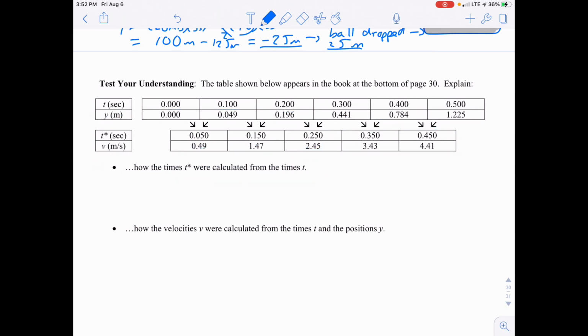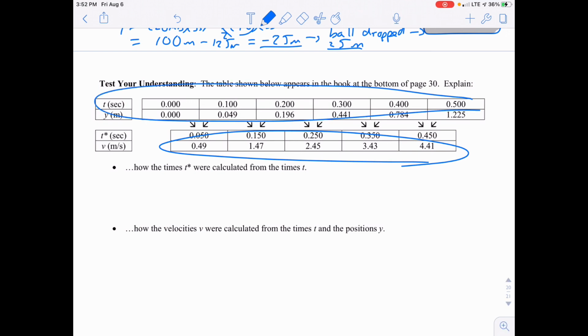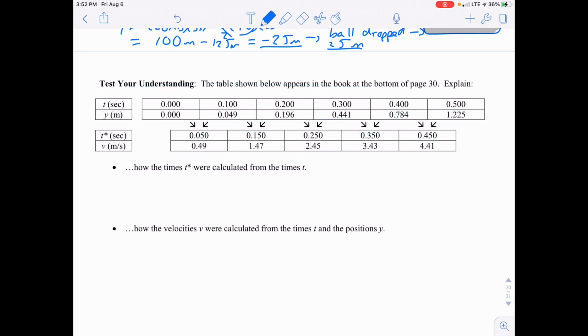First question, how are the time asterisks calculated from these time t's here? So how are we getting these numbers right there? And then finally, how are the velocities right here calculated from the times and the positions right here? Pause the video and see if you can figure it out.